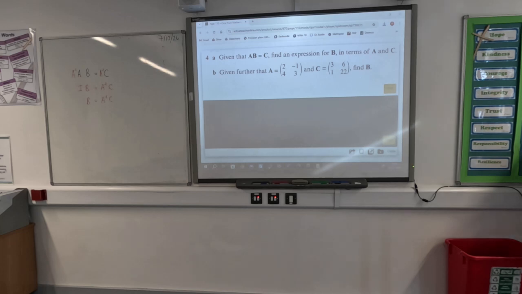Yes? How do you know which side the inverse of A goes on, or does it not matter? Oh, that's a really good question, isn't it? Well, on the left it didn't matter, did it? I never thought of it like that.